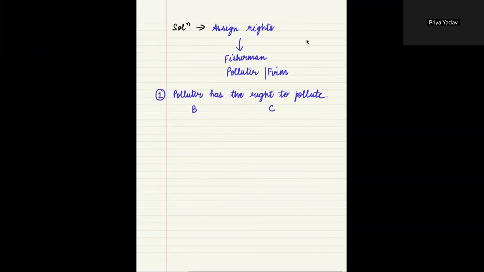Anything can happen. Now, there are two situations within this. First, if B is greater than C. So basically, due to pollution, the polluter is creating a benefit that is greater than the cost to the fishery, that is C, right? If such a situation happens, then no matter what, the fishermen would not be able to convince the polluter not to pollute. In this case, pollution will happen.